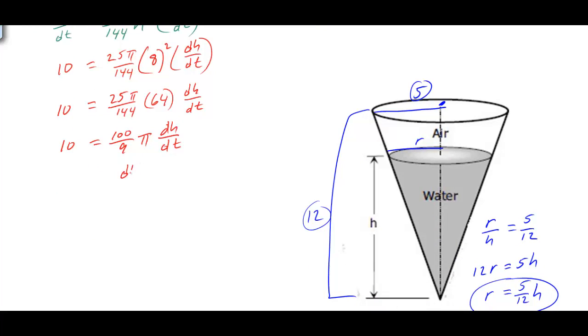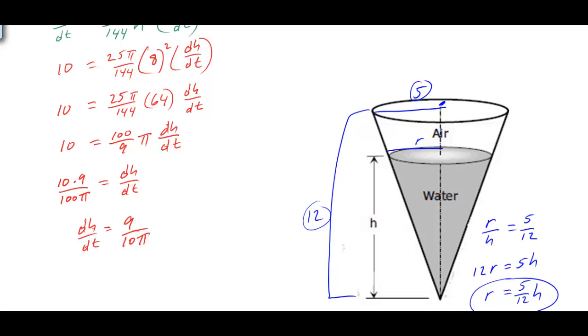And if we divide all of this away, then dH/dt is going to be equal to 10 times 9 over 100 pi. And if we simplify this, 10 over 100 is going to reduce down, so we're left with 9 over 10 pi.